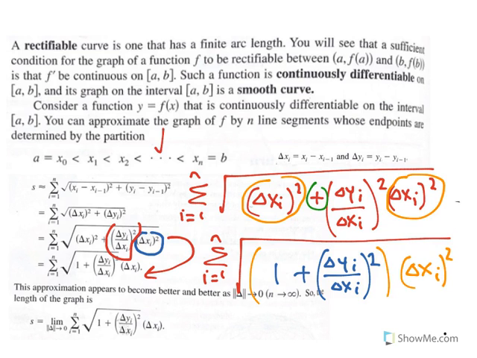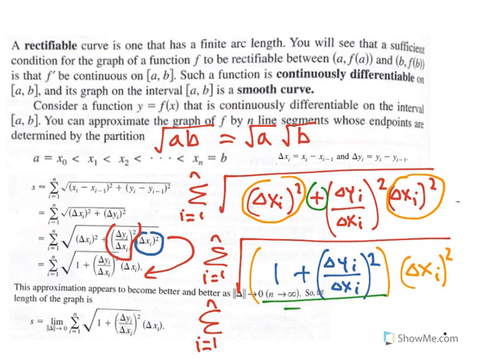And then, of course, you know that if you have the square root of a product, you can write that as a product of the square roots. So that's the next step. So when we do that, because now you have the square root of a product, here's the product, you can write that as a product of the square roots.